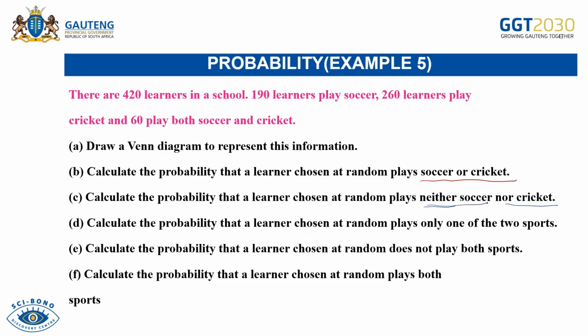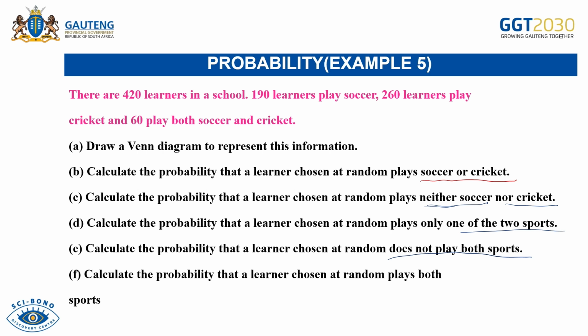Okay, now we move to the next one. It says calculate the probability that a learner chosen at random plays only one of the two sports. Okay, no, we're done with this one. And then calculate the probability that a learner chosen at random does not play both sports.